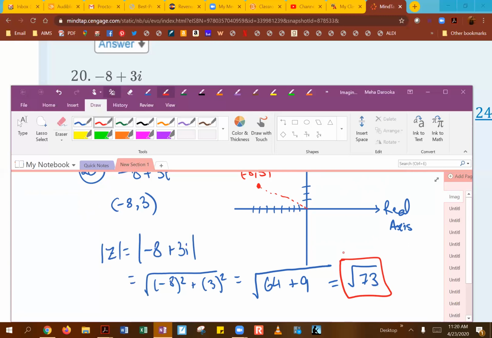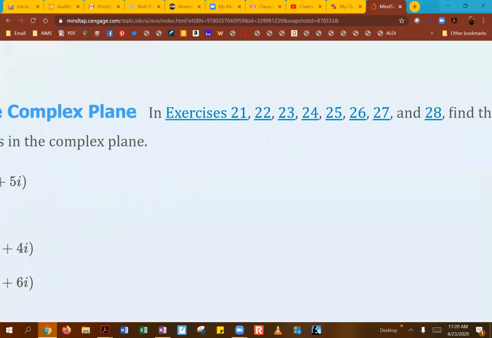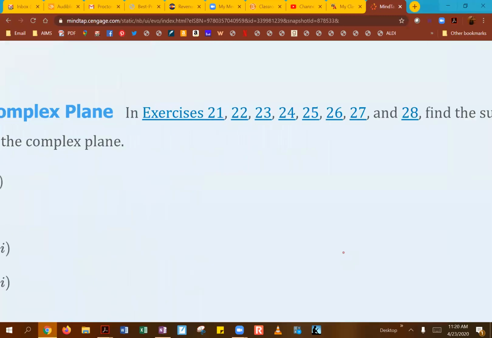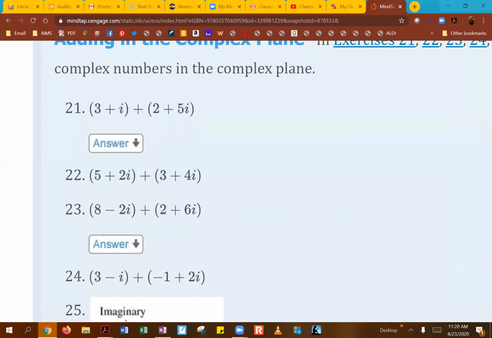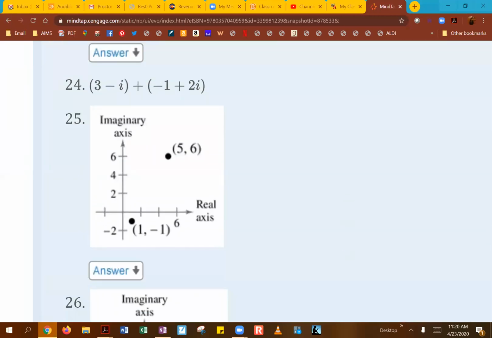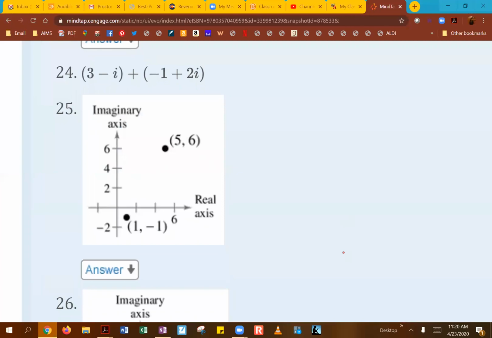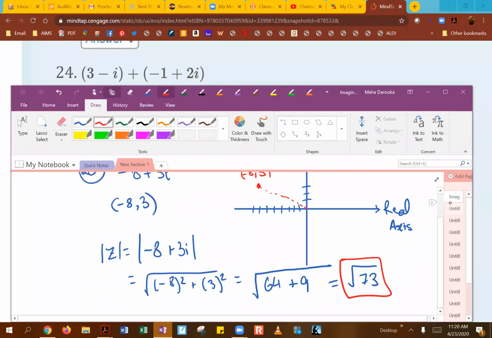Let's see, the next one I have for us is number 24. The instructions are find the sum of the complex numbers in the complex plane.